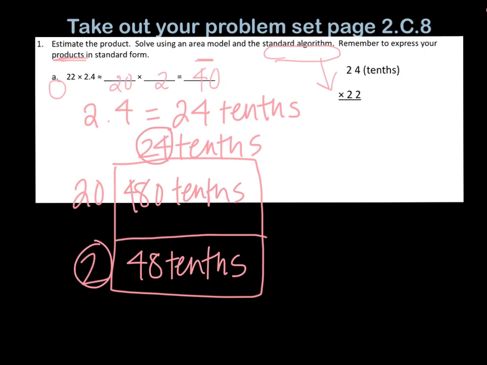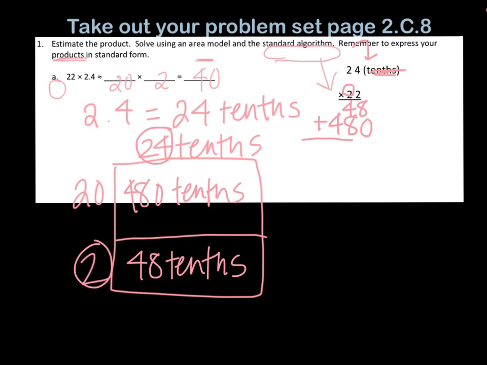Alright, let's look over here for the standard algorithm. Now, I'm going to write 24 tenths in parentheses times 22. The reason we do this is so it's easier for us to multiply. So 4 times 2 is 8, 2 times 2 is 4, and my 0 is going to be in the ones place because now I'm multiplying the 20 times 4, or 2 times 4, which is 8, and 2 times 2 is 4.